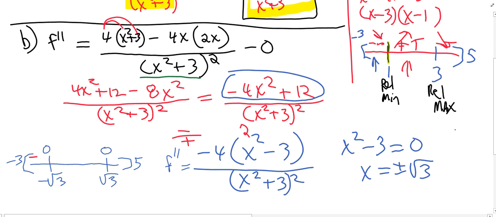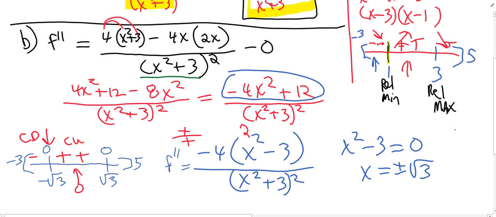And then pick a number between that, which a nice candidate would be 0. Plug in 0, you get a 0 squared minus 3, you get a negative times a negative, so the top becomes positive. So we have concave down here and concave up here, and we have our first point of inflection. And now we'll go check out the other side. We can just use the number 4 if we'd like.